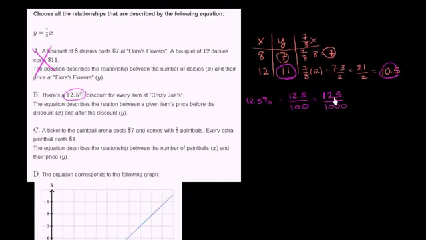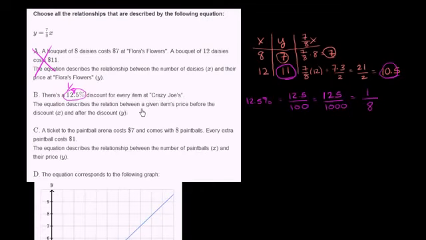Now let's see if we can simplify this a little bit. It looks like they're both divisible by 125. We divide the numerator by 125, we get 1. We divide the denominator by 125, we get 8. 8 times 125 is 800 plus 200, which is 1,000. So this is the same thing as 1/8. So there is a 1/8 discount for every item at Crazy Joe's.